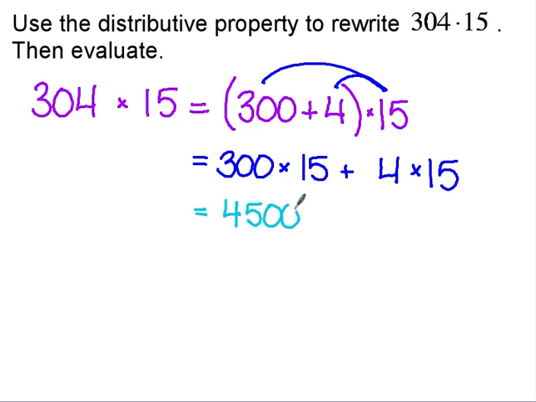So it'll be 4,500. Now we need to take 4 times 15. Here's 15 times 4. 5 times 4 is 20, carry 2. 6. Good. So 60. So what is your answer going to be? 4,560, nice job.